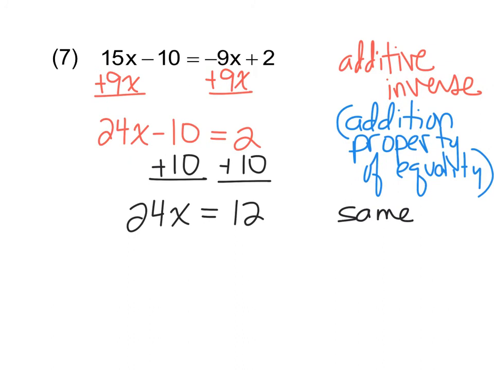Maybe I'll be more specific. Same as above. All right. Last step. Subtract 24. Divide. Yeah, its connector is multiplication. Wrong one. Opposite operation always.